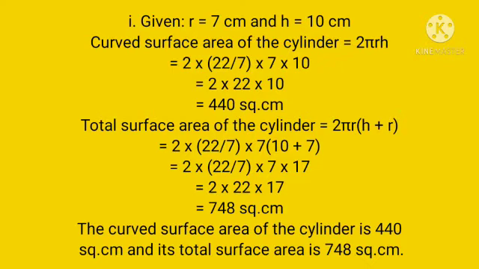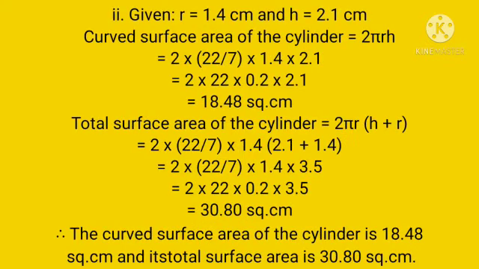Therefore, the curved surface area of cylinder is 440 square centimeter and its total surface area is 748 square centimeter. Question number 1, second. Radius r is equal to 1.4 centimeter and height h is equal to 2.1 centimeter.